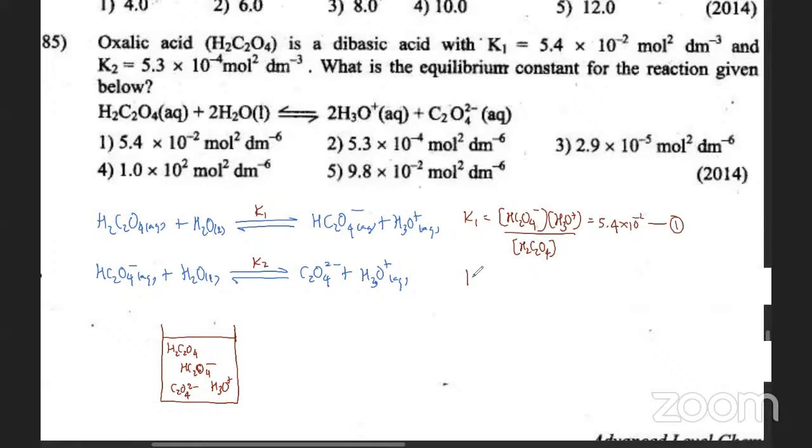And if you write K2, that is equal to concentration of product C2O4 2 minus into H3O plus over HC2O4 minus, and that is equal to 5.3 into 10 to the power minus 4. Second one.